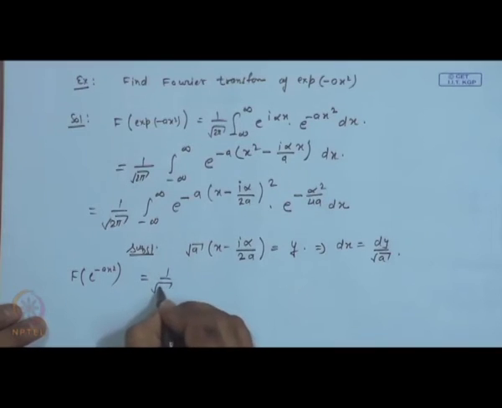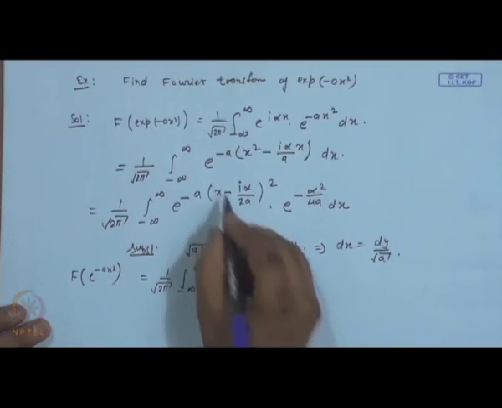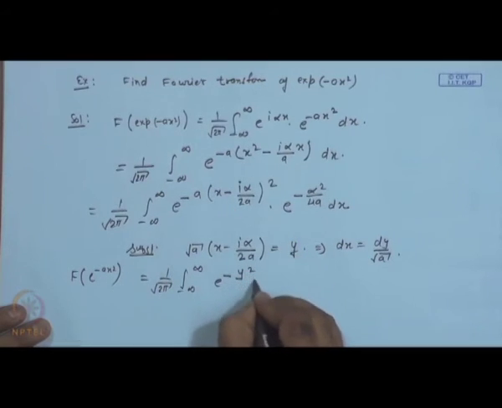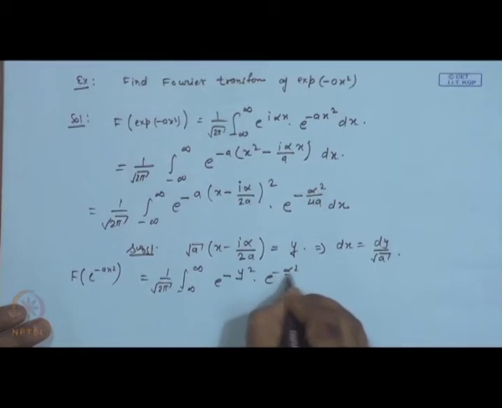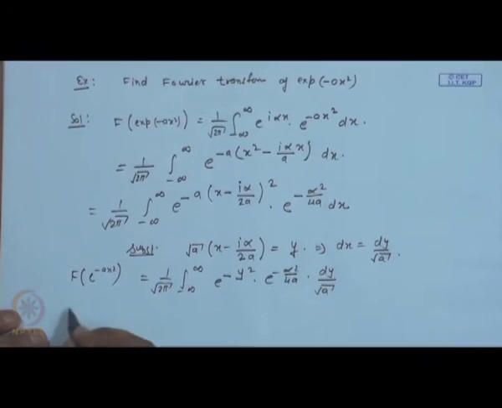It is 1 over square root 2 pi, and we have minus infinity to plus infinity, so this is e power minus y square, and this e minus alpha square over 4a, and this dy over square root a.